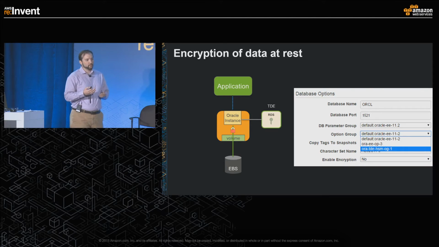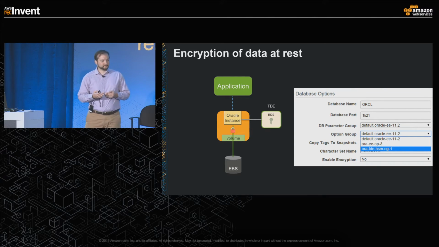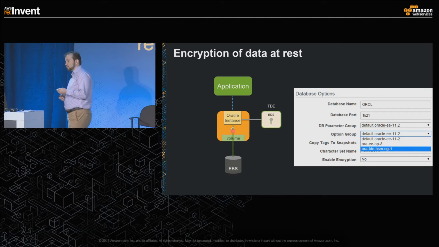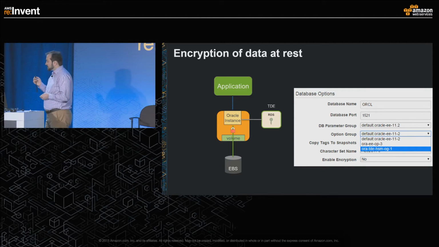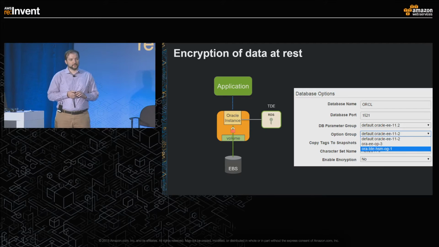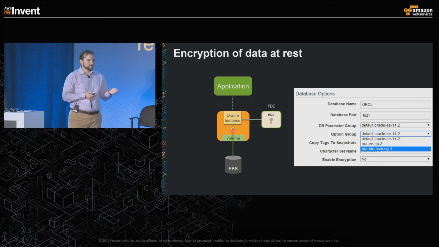Now, in addition to volume level encryption in EBS, you can definitely also use the TDE encryption available with Enterprise Edition Oracle. And again, you have two options here. You can either maintain or manage your own keys, or you can let Amazon RDS manage the keys for you. In this particular example, I'm starting with a setup where Amazon RDS is managing your keys.